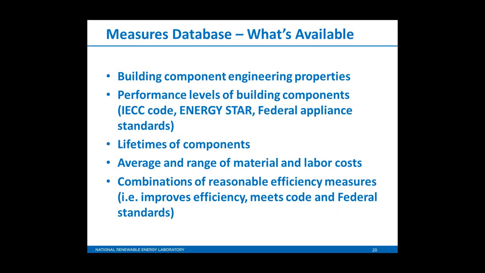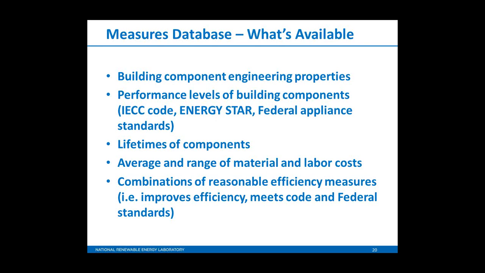Oh, thanks, Scott. So what's in this database? We have the building component engineering properties. So this is systems, this is wall construction, this is windows, has the engineering properties that describe how they perform. It also has performance levels of those building components, whether they meet, for appliances, federal appliance standards, Energy Star, for envelope components.